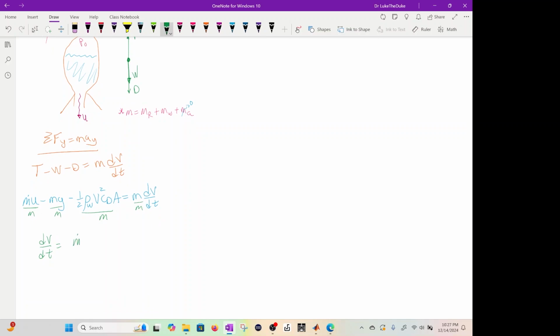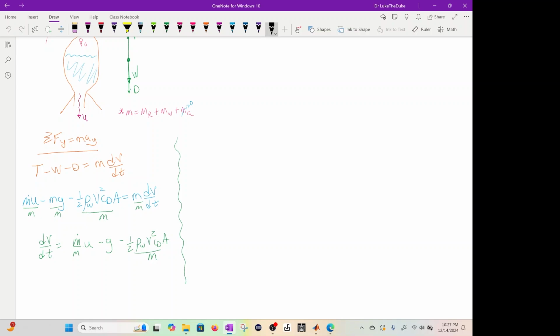We get (m dot over m) times u minus g minus 1/2 rho_w v squared CdA over m. So that's our thrust phase.